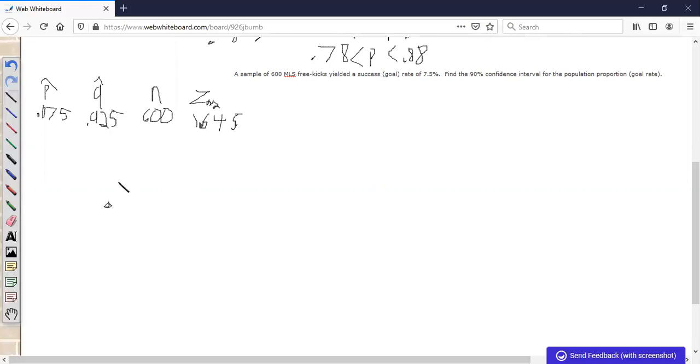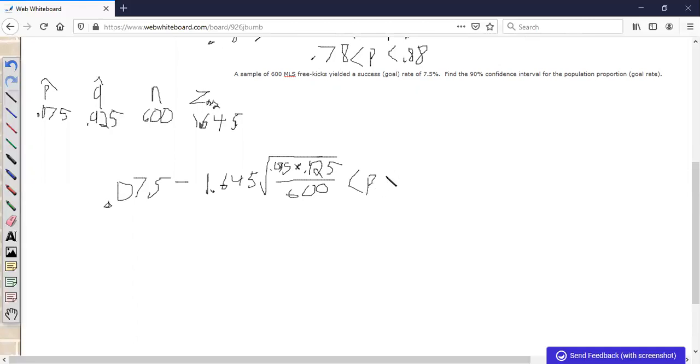So here, once again, we just fill the numbers in. We get 0.075 minus 1.645 times the square root of 0.075 times 0.925 divided by 600, all of that in a square root.